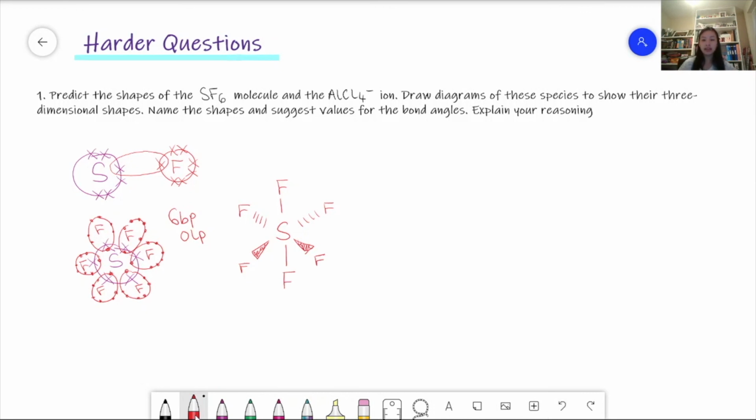And the angles would be 90 degrees everywhere. And we know that this is called octahedral.